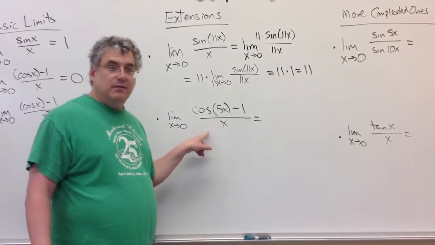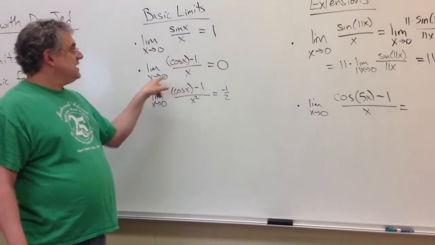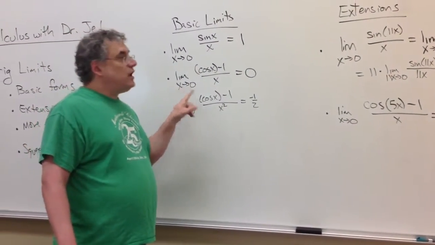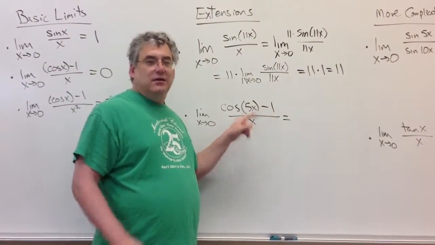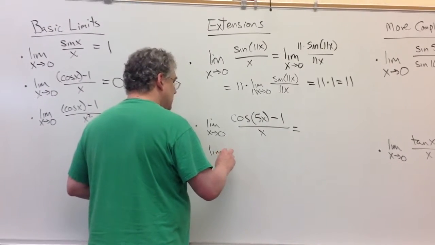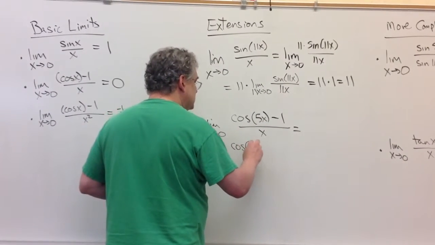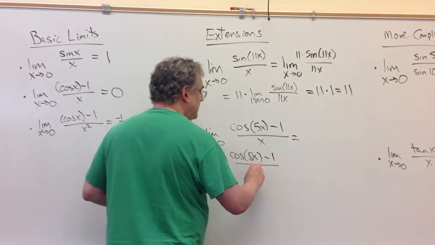If you look carefully, stepping back, there's a limit where this x and this x are all the same. So I'm going to do the same kind of thing I did before. I have a 5x stuck in here. So I rewrite this as the cosine of 5x minus 1, and I divide by, instead of x, 5x.